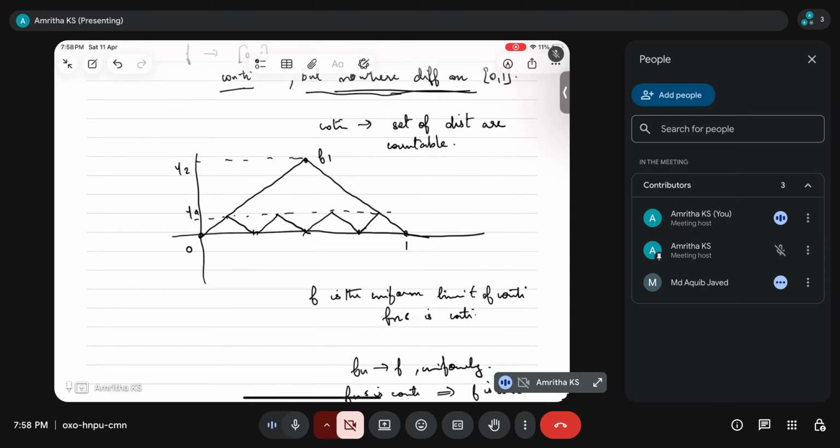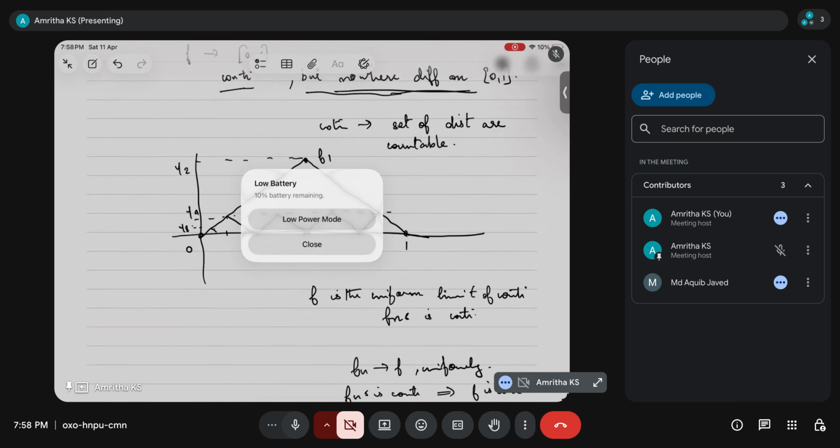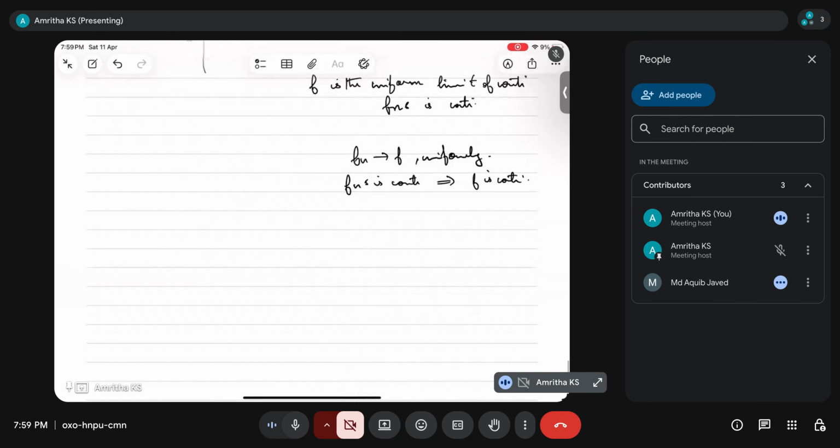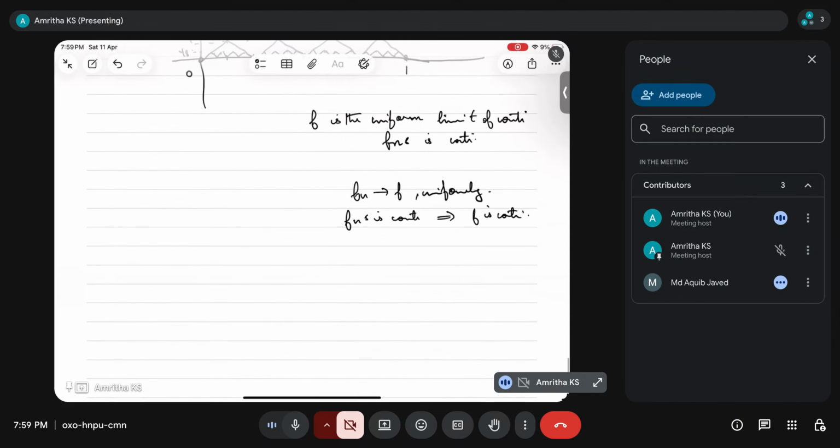And then take 1 by 8 and then again draw peaks like this. So these are our Fm's. This is our F naught.